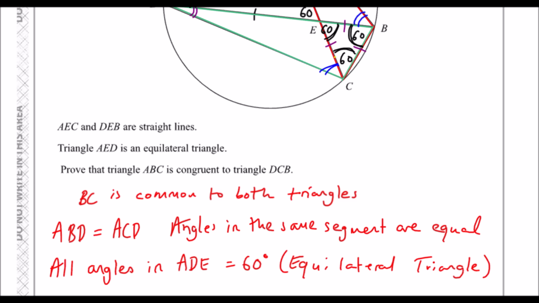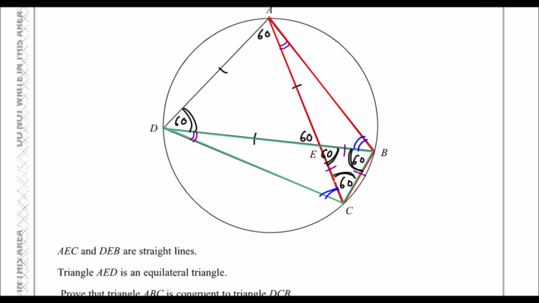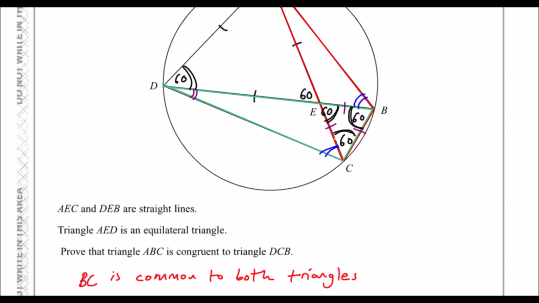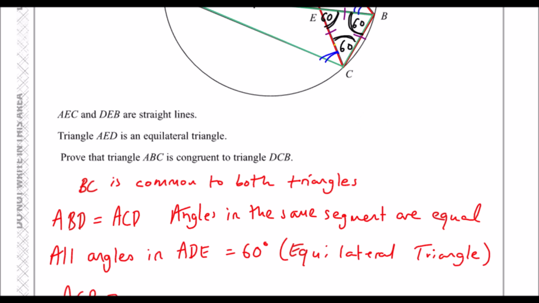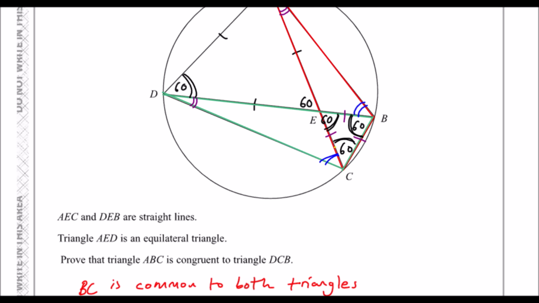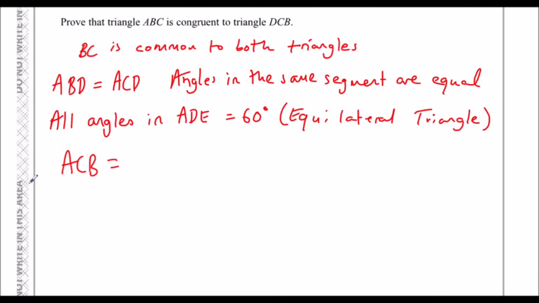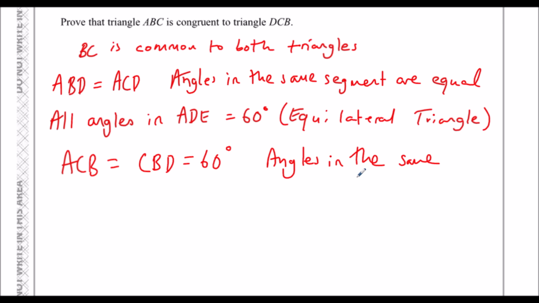And then we can say that ACB and CBD are both 60 degrees as well, because angles in the same segment are equal.